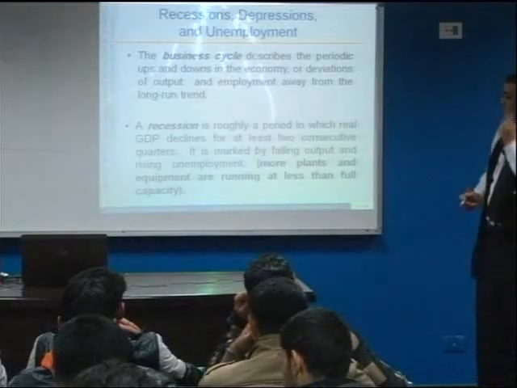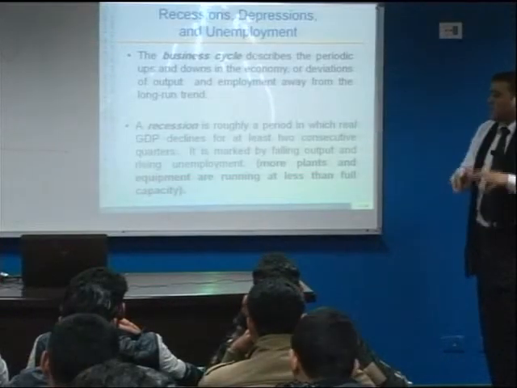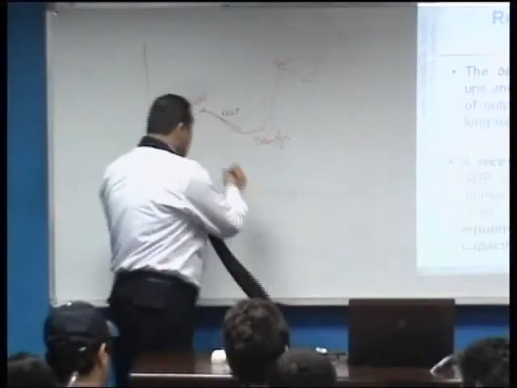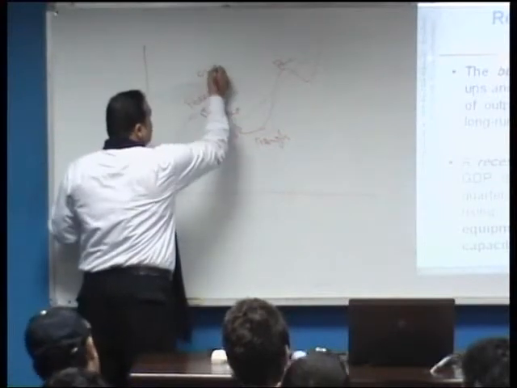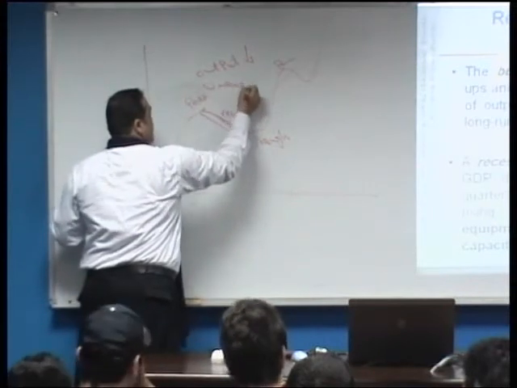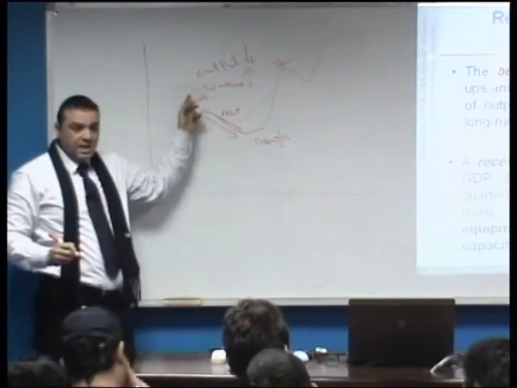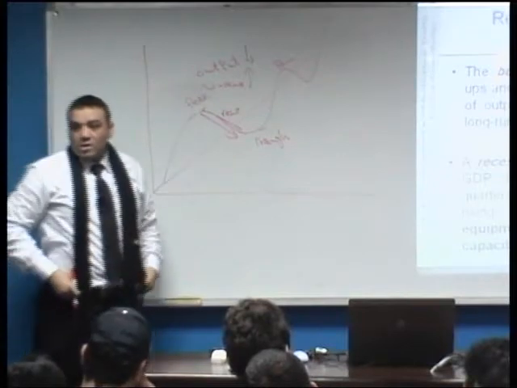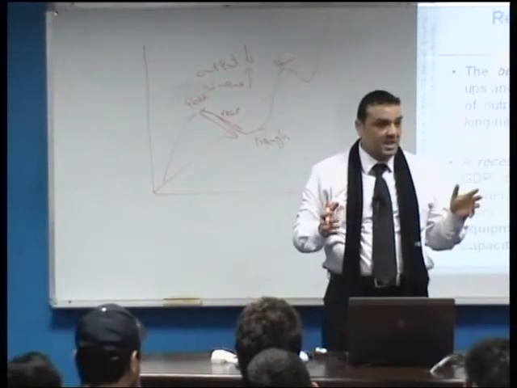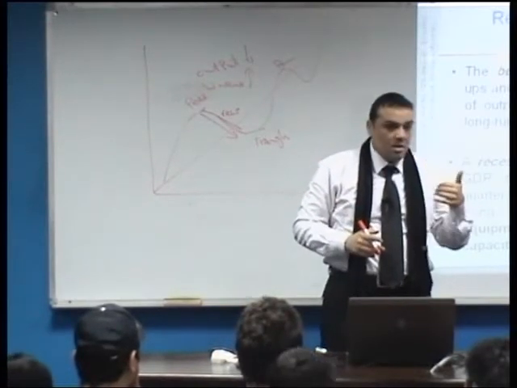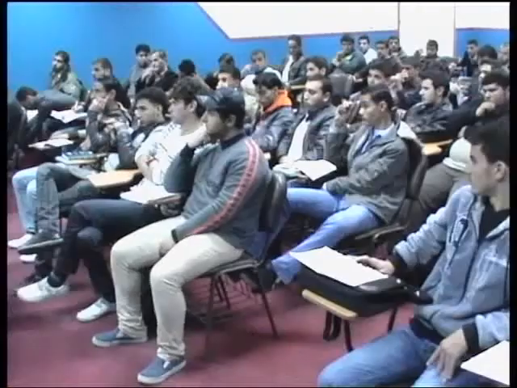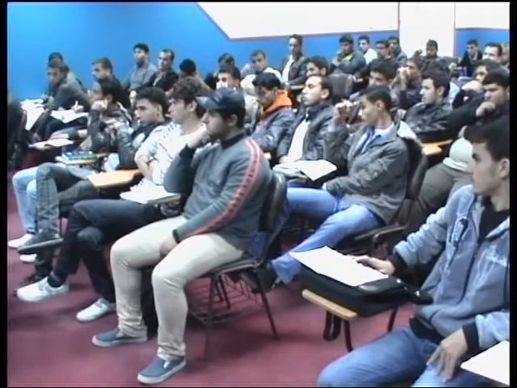Let's go to the definition here. The recession is roughly a period in which real GDP declines. As you see, during the recession here, the output declined, while unemployment increased. So in this case, we have a decline in labor demand in this stage, right?